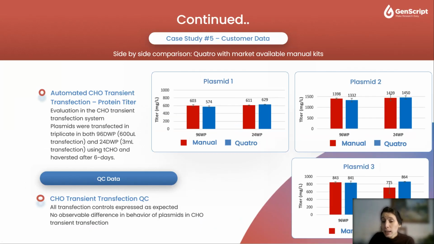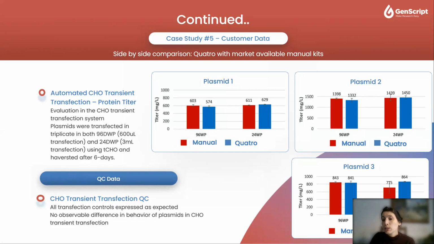The next thing the client did was take that same plasmid and use a transient transfection system that they had automated. Here you're seeing the plasmid that was purified manually versus the plasmid that was purified on the AmMagQuattro, but transfected on an automated system.